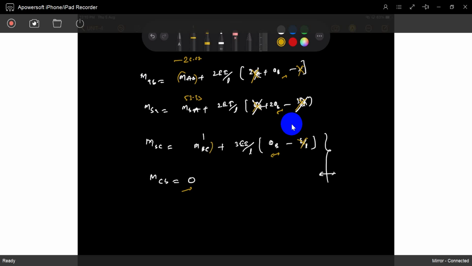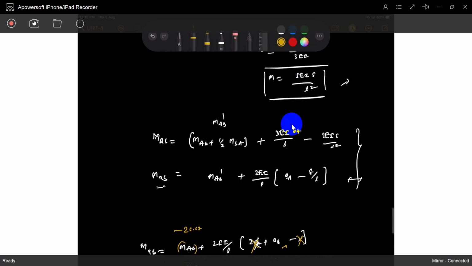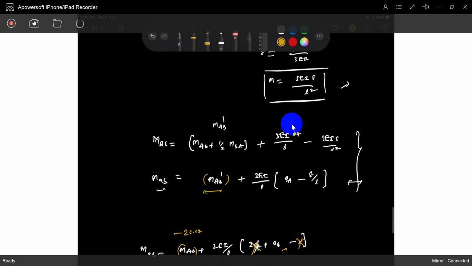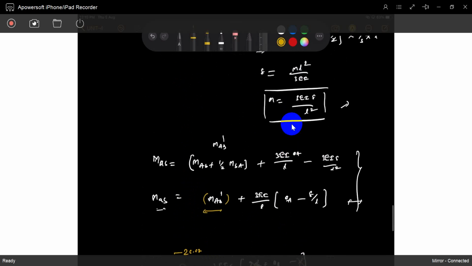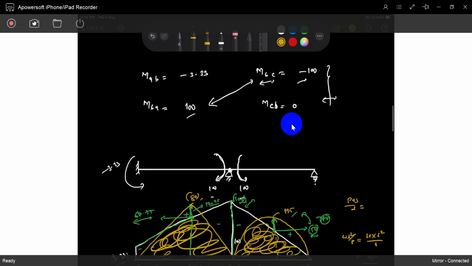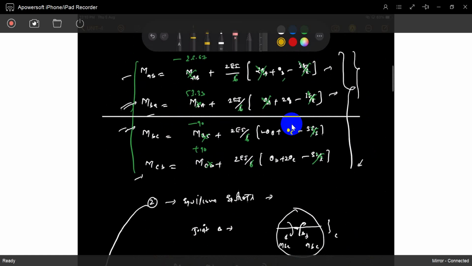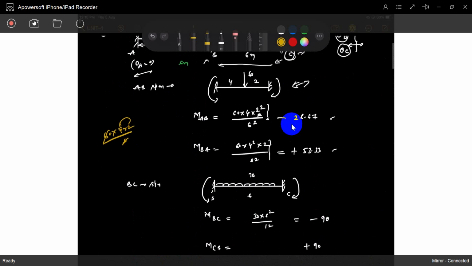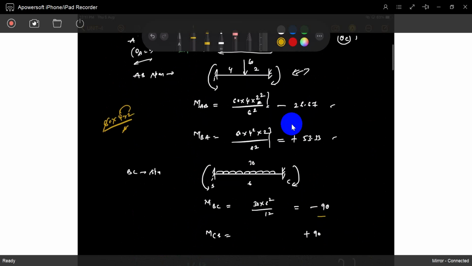So what is MBC? It is the final modified fixed end moment. What are the modified fixed end moments? MAB plus half of MBA. What does that mean? See where it is: MBC is 90, MCB is 0.